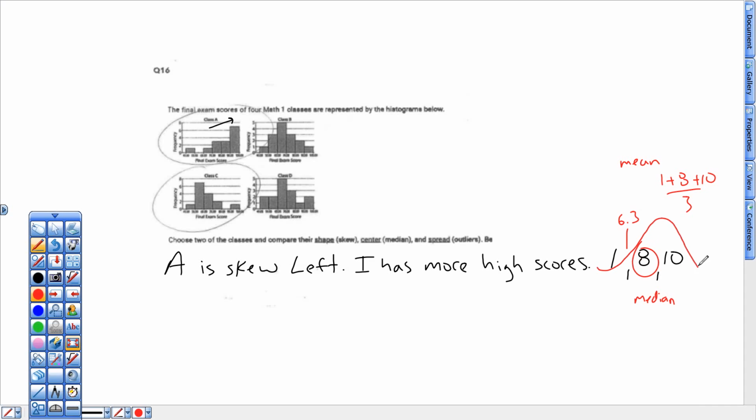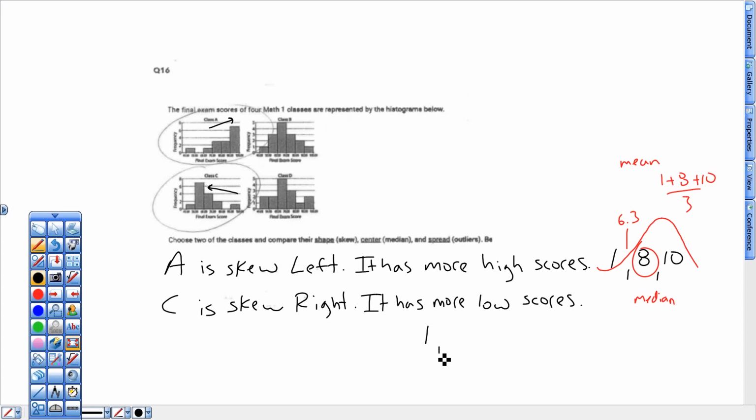If I have the C one, C is skew right, and again, I know it's kind of misleading because you look at C, it looks like it's sloshing to the left, but we say skew right. It has more low scores. To show you what I'm looking at, if I gave you a 3-number set like 1, 2, 10, then for a skew right, the median is smaller than the mean.